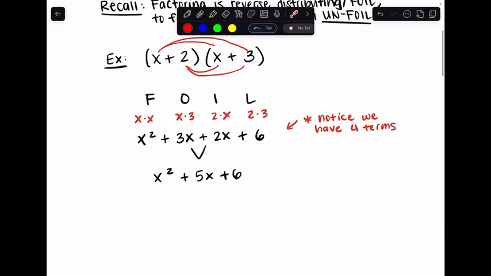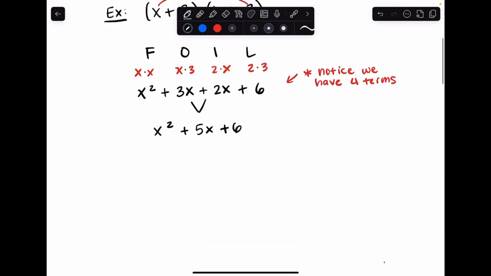Now, when you are doing your quizzes, your homeworks, your tests on this, your problems are going to be in polynomial form. Your answers are going to be this factored form right here. So let me show you the reversed order.